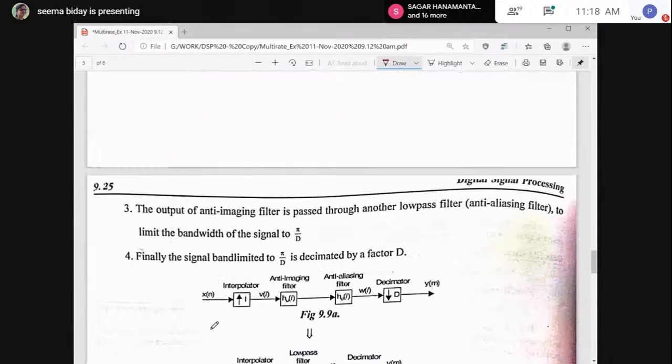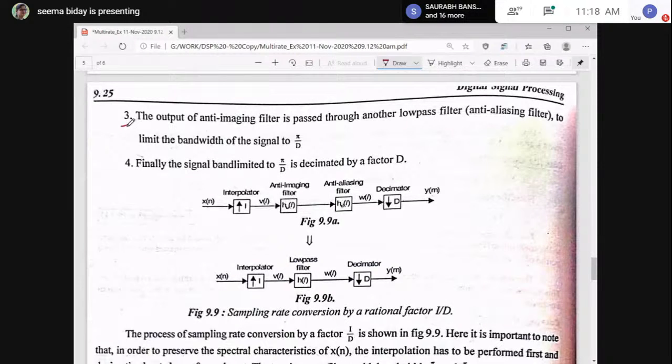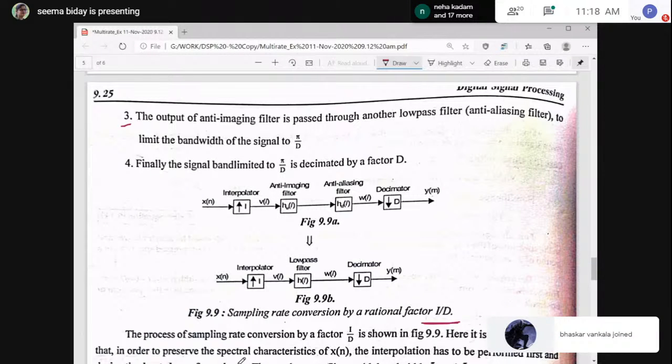Now, the second step, write down the third step. This can be asked again. This is a question that can come as a short note in the descriptive paper: sampling rate conversion by a factor of I by D. You have to draw the block diagram and the frequency analysis too, right?